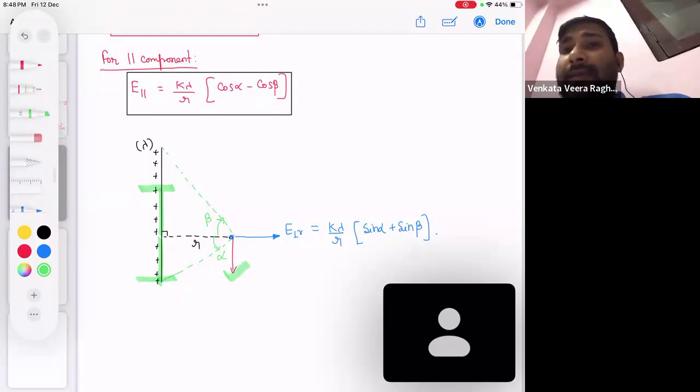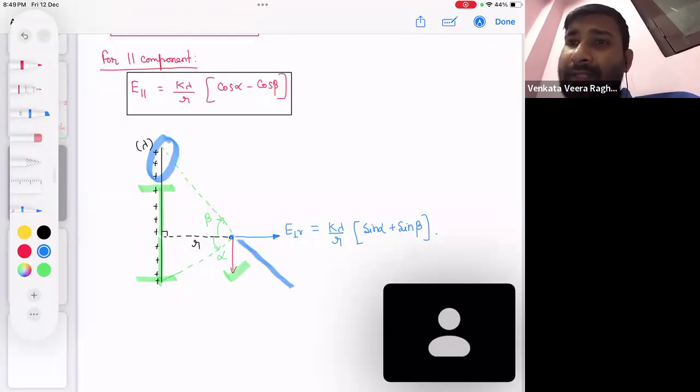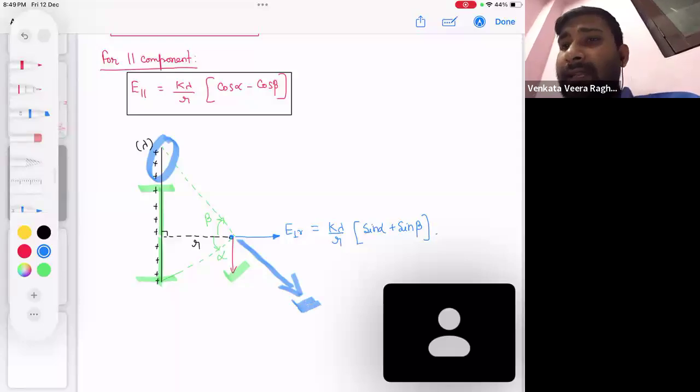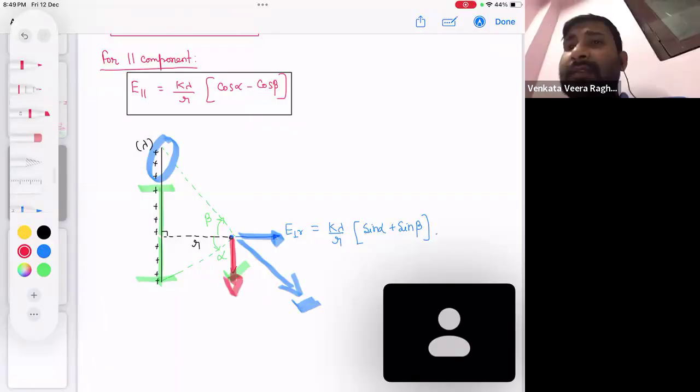So here what is happening actually: if there is a symmetric arrangement, this parallel component will get cancelled out. But as you see, there is some extra portion here, na? So this extra portion will try to create a field in which direction? Something like this. And if I want the field in this direction, then if one component is like this, the other component must be like this.